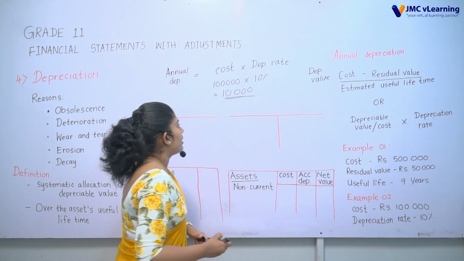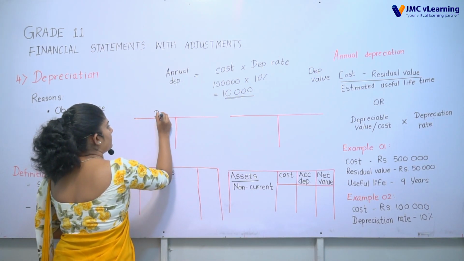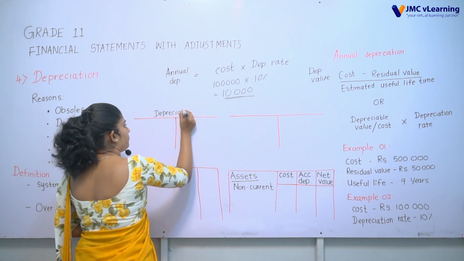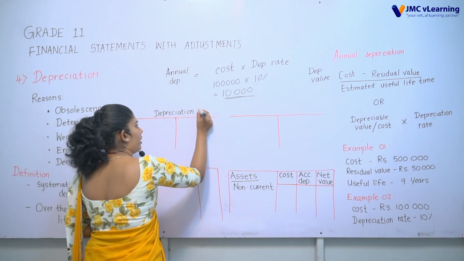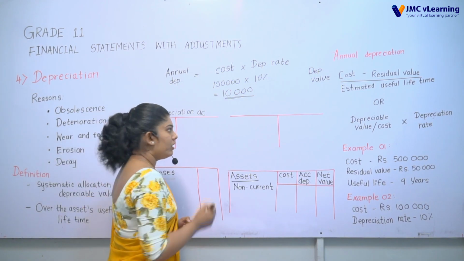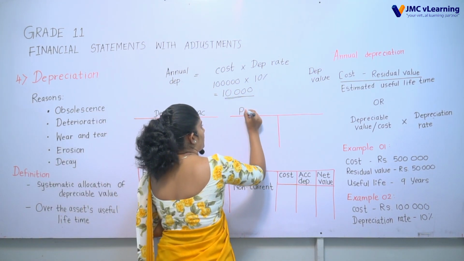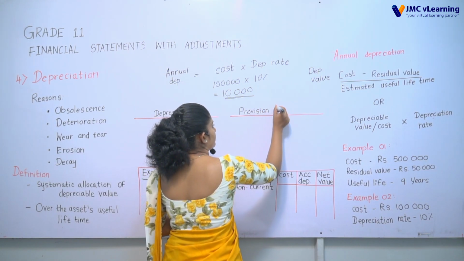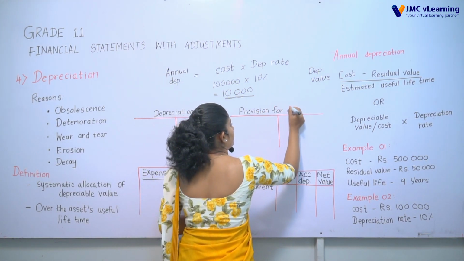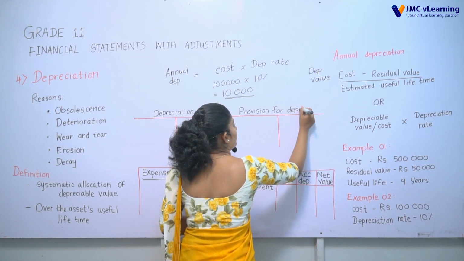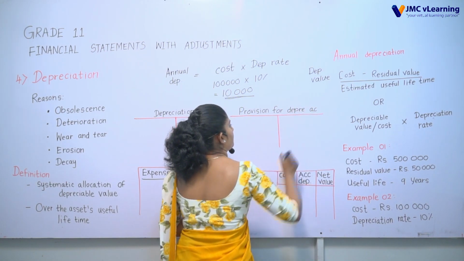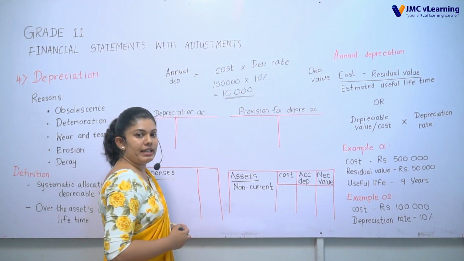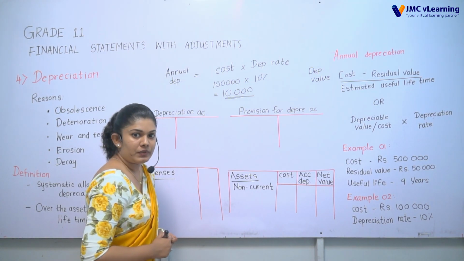Those are the depreciation account and the provision for depreciation account. How to record this? This depreciation account is an expense account.